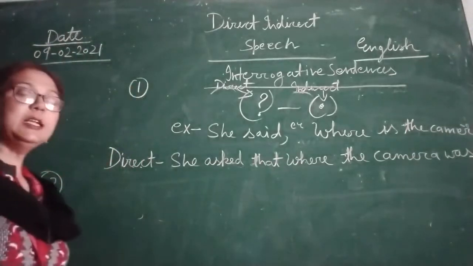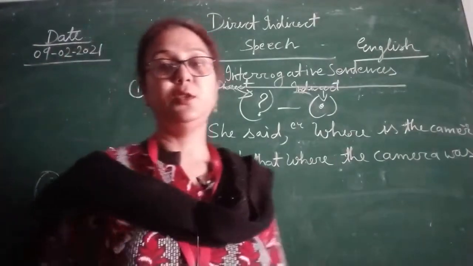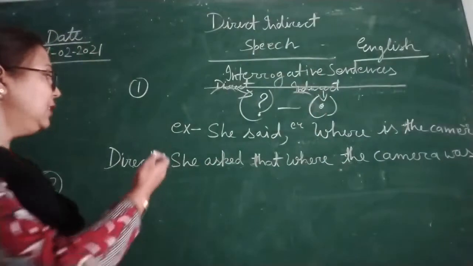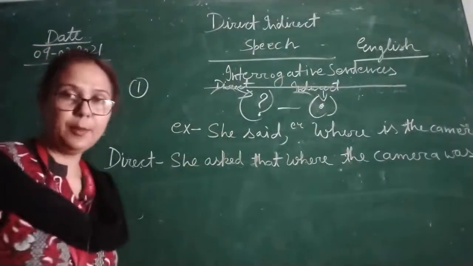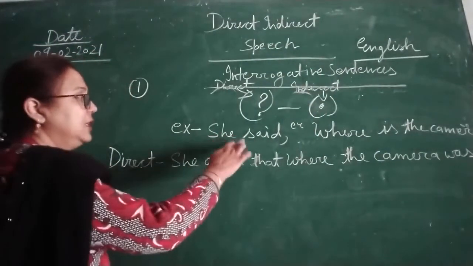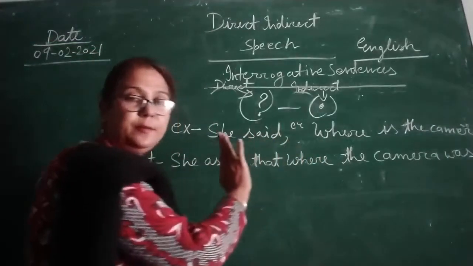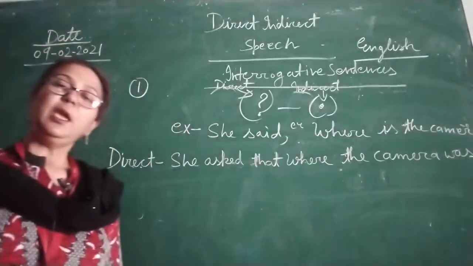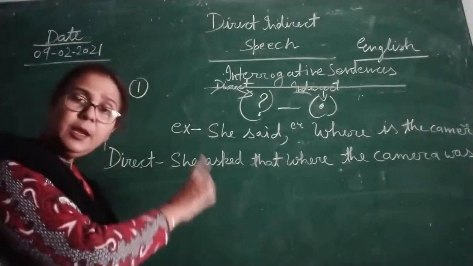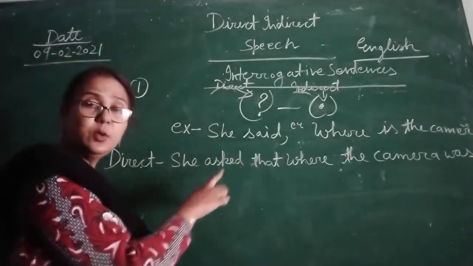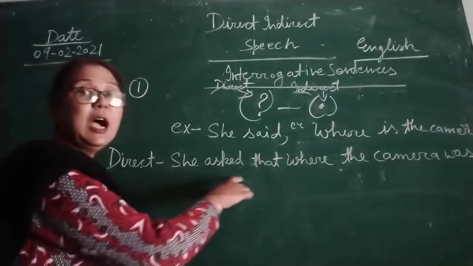When we are asking a question in indirect speech, as we have seen in the first sentence, she said, where is the camera? It means after the reporting verb, the question will start. Now, in indirect speech we write asked, because this is a question, that is why we have used she asked.